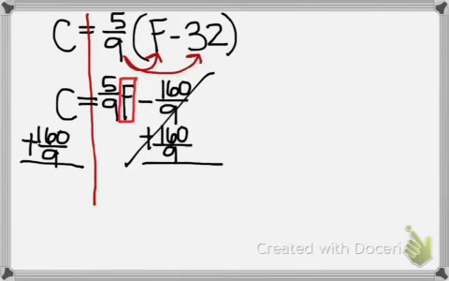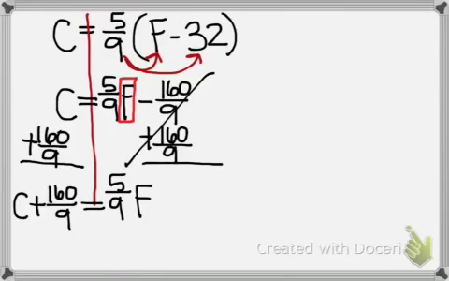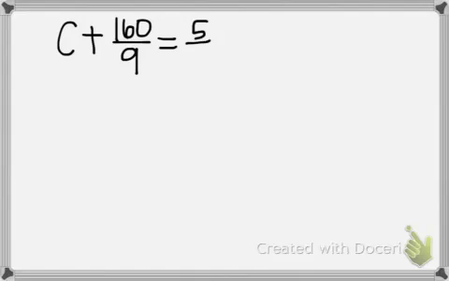They'll cancel out on the right side. Since we can't actually add C plus 160 ninths, we'll just write C plus 160 ninths equals 5/9 F. We have one more step to get F by itself.